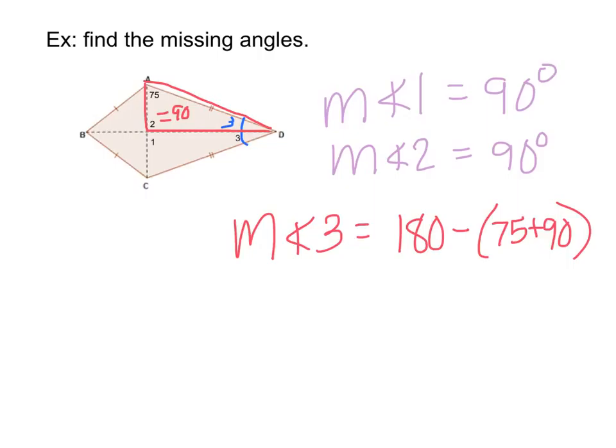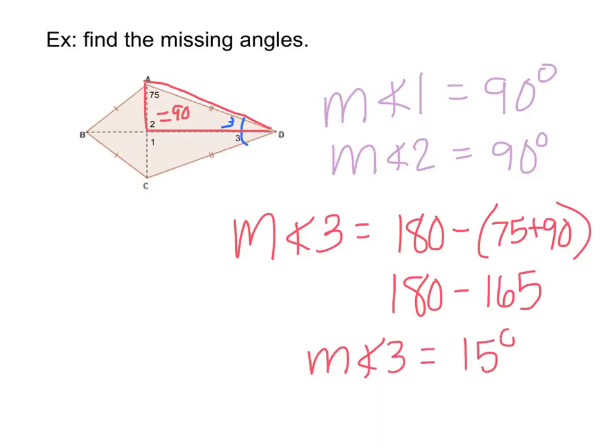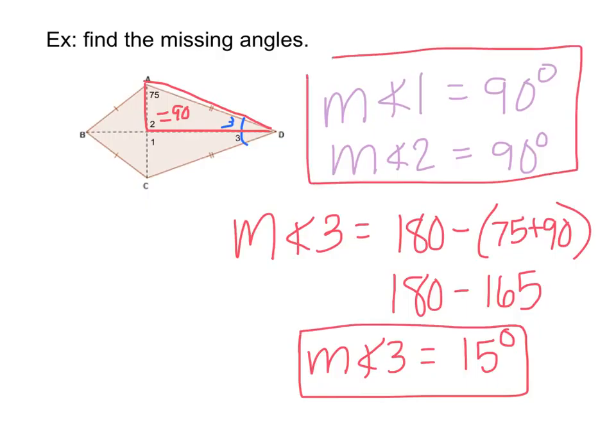When I add those two together, I get 180 minus 165, and when I subtract that, the measure of angle 3 is equal to 15 degrees. If I wanted to find the whole measure of angle D, we could say it was 30, but they're just asking us to find angle 3, which is 15 degrees. So my three answers are 90, 90, and 15.